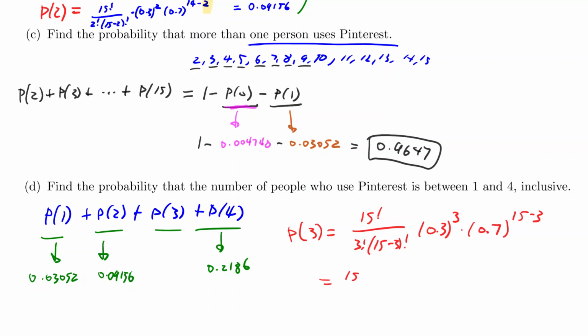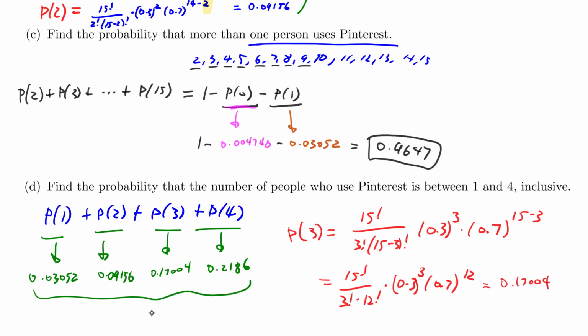So this gives us 15 factorial over 3 factorial times 12 factorial, times 0.3 to 3, times 0.7 to 12. If you do this calculation in your calculator, you should get something close to 0.17004. So probability of exactly 3 people using Pinterest is 0.17004.